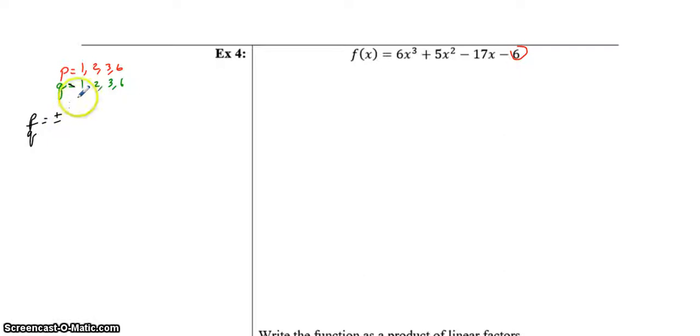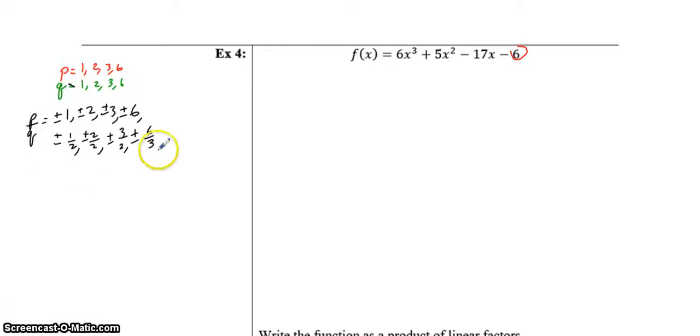So plus or minus 1 over 1, 2 over 1, 3 over 1, 6 over 1, then 1 over 2, 2 over 2, it's a duplicate, so we're just not going to use it. 3 over 2, 6 over 2, another duplicate.